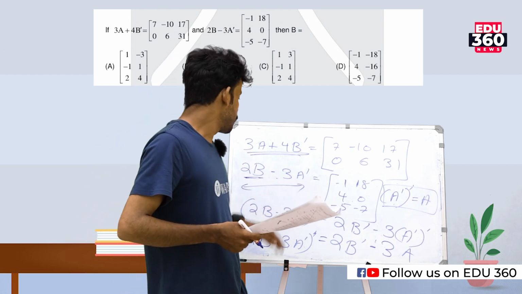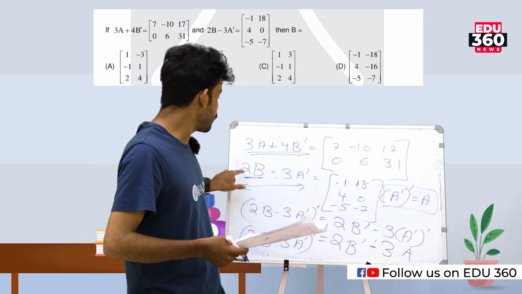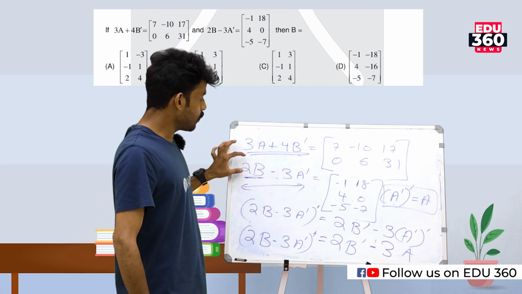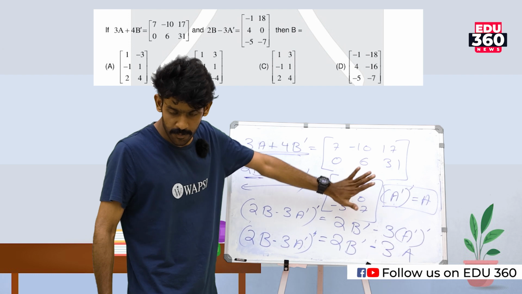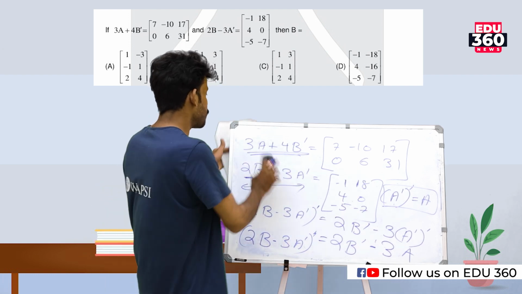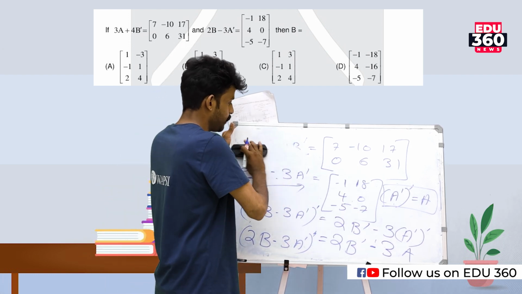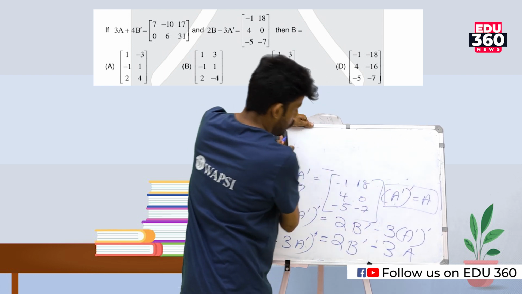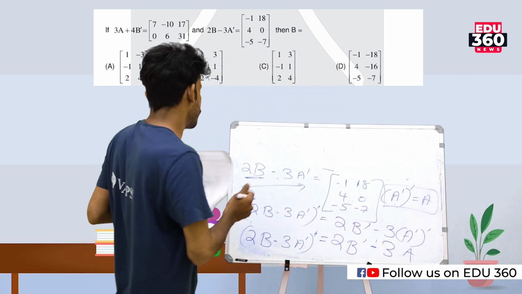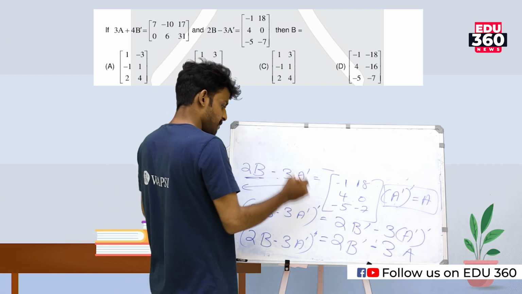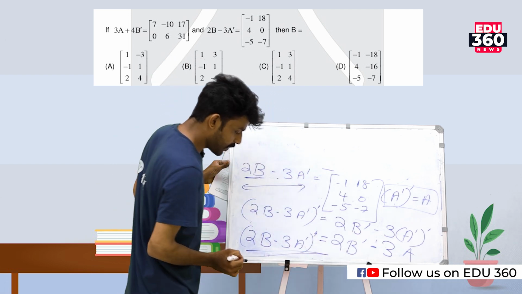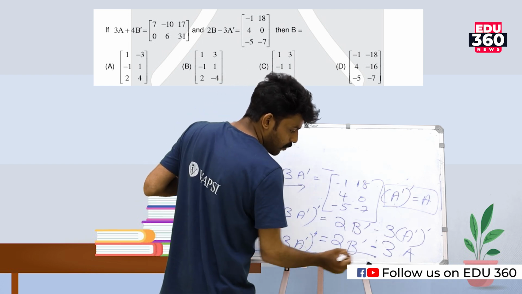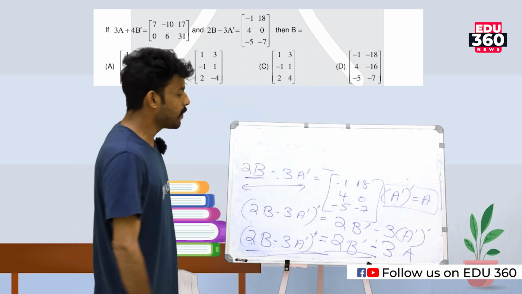Hereafter we can change this because this is 2B minus 3A dash, so we need to take the transpose of this matrix. The transpose gives 2B dash minus 3A.